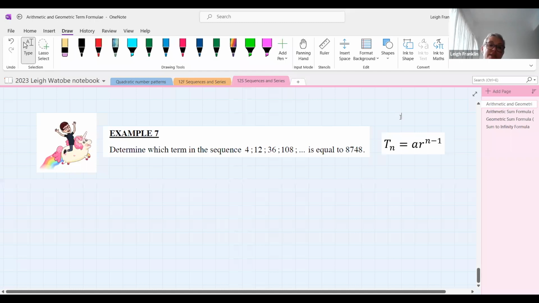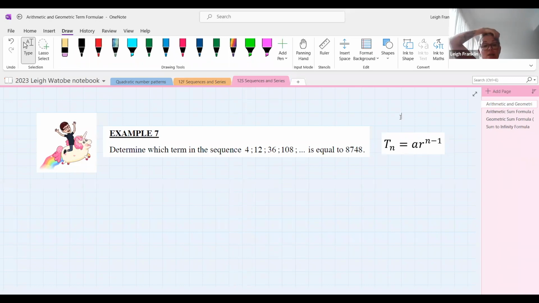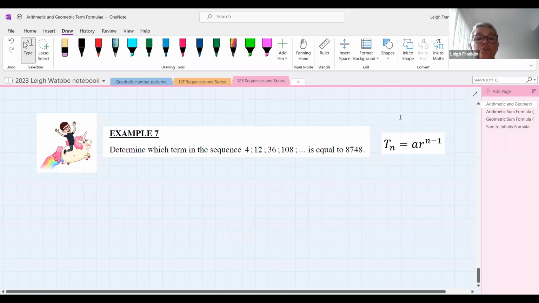The question says determine which term in the sequence 4, 12, 36, 108 is equal to 8748. You are going to have to work backwards to work out what n is using the examples we have just gone through. You need to establish a and r, sub in Tn, and work back to n.